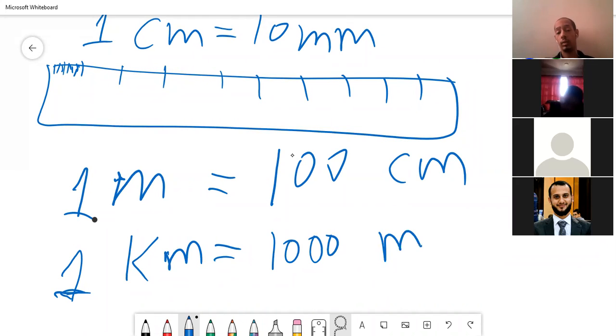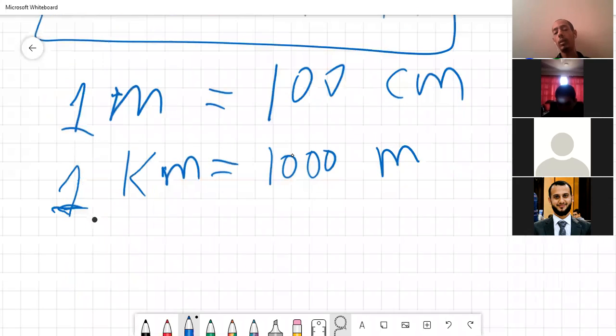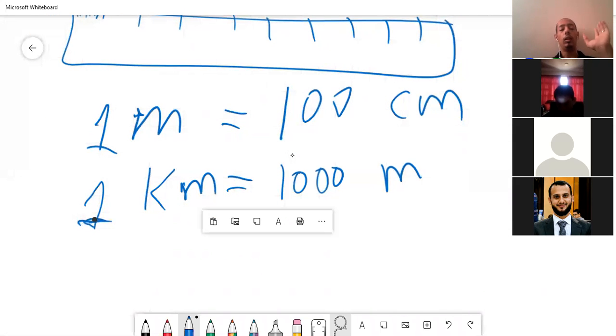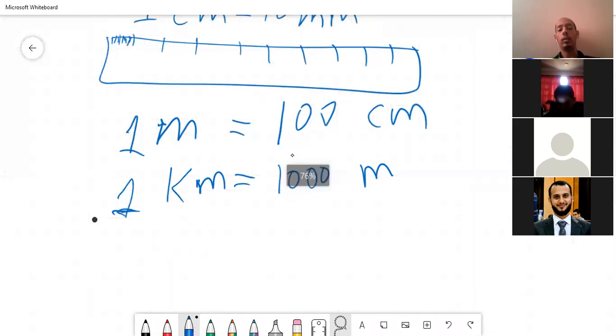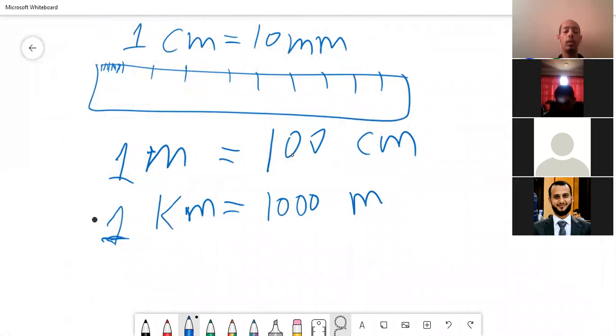Exactly. Knowing the conversion between these units, I can convert any length from one unit to another unit.